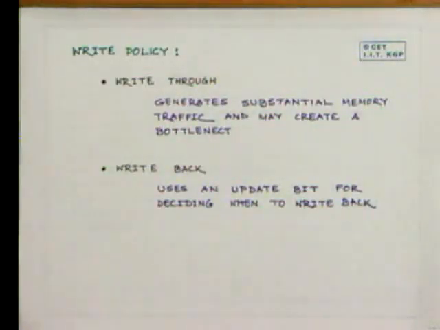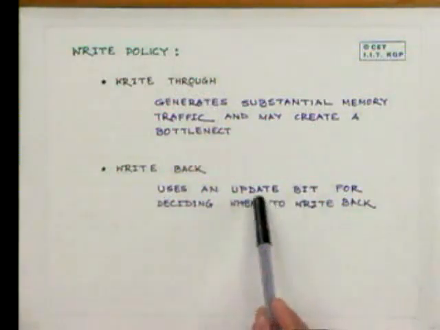Another policy is write back. Here, every line in the cache contains a bit which is called the use bit, or the write bit. The moment we write something into a line in the cache memory, the corresponding write bit is made 1.